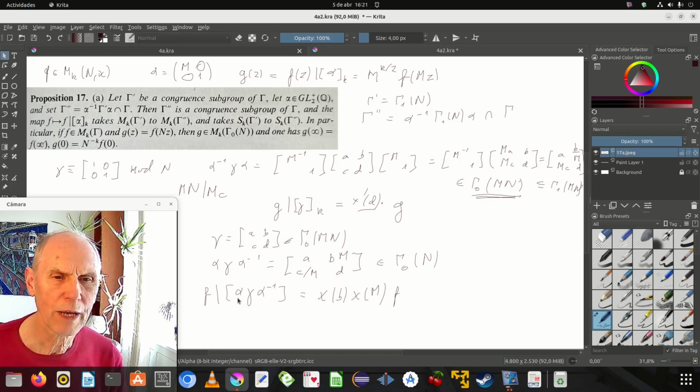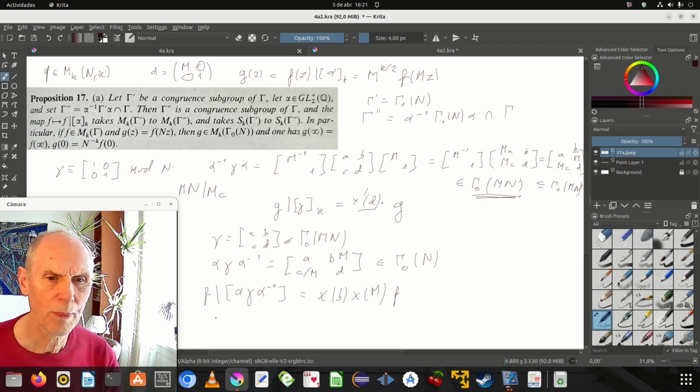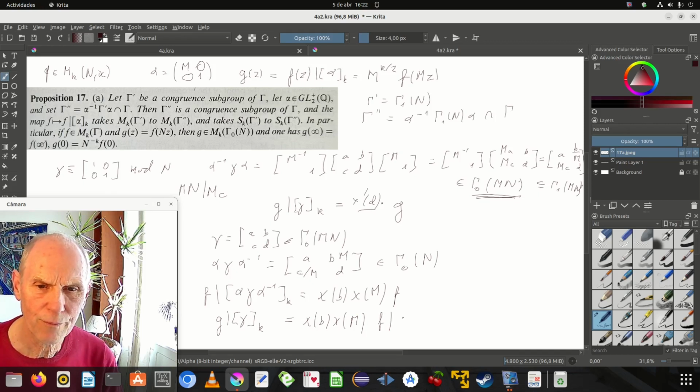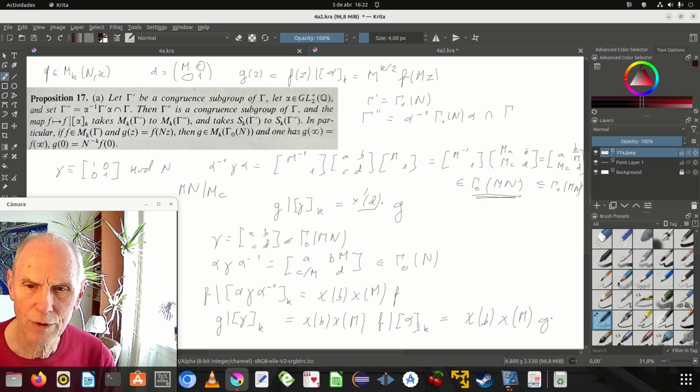F operated on A, that's what I called G. And then we operate on the left-hand side with alpha, or on both sides with alpha. And that's chi of b, chi of m, g.